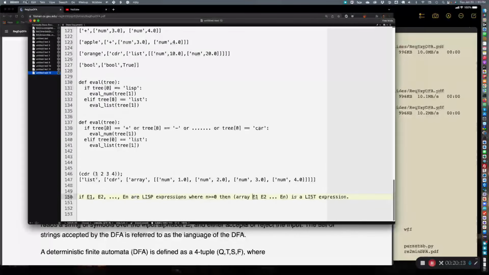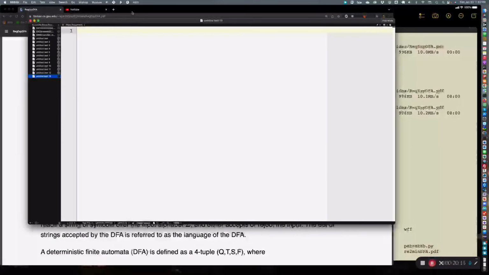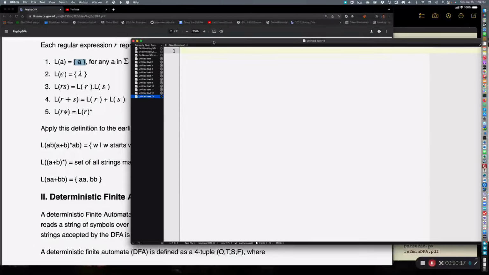So basically, we are saying that the language L of A, times, or the dot, another, the same one, L of A.